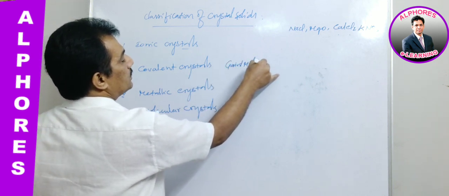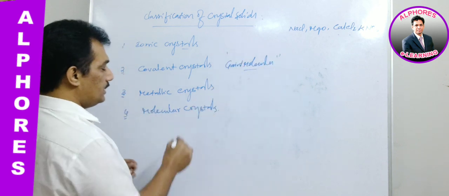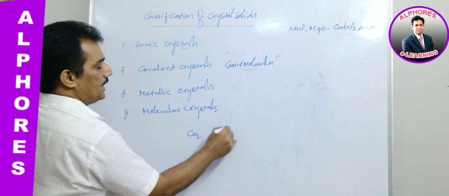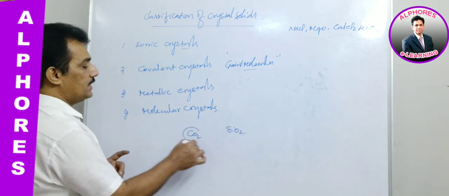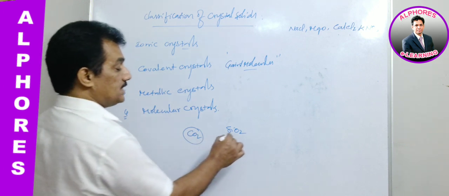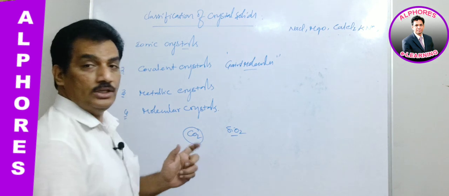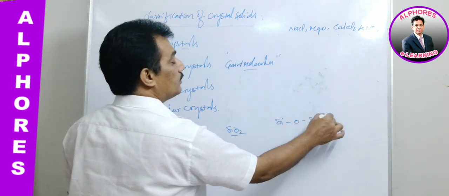Let me give one example. You know the differences between CO2 and SiO2. One of the most important differences is that the CO2 molecule can exist independently, but SiO2 is unable to exist so. It exists as a giant molecule, like this network structure.